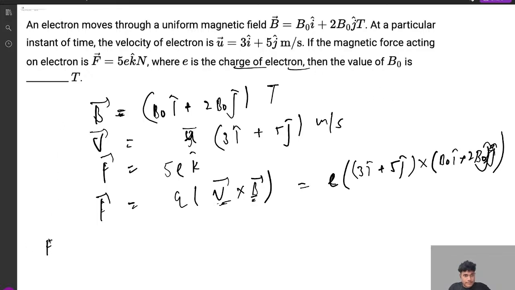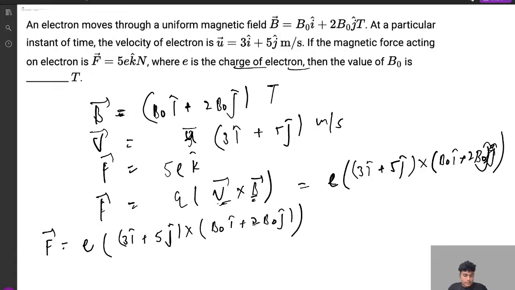That is F is equal to e times 3 I cap plus 5 J cap cross B naught I cap plus 2 B naught J cap. Please do the cross product using I J K, do it by yourself.